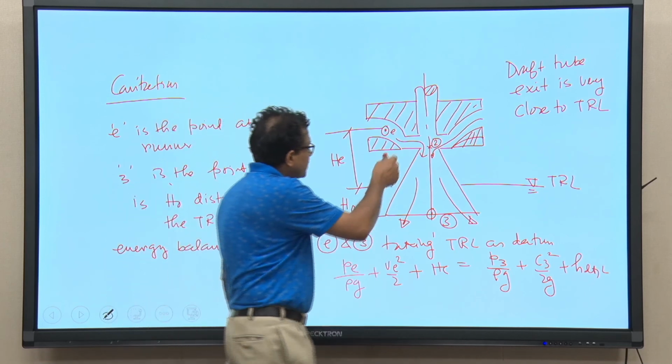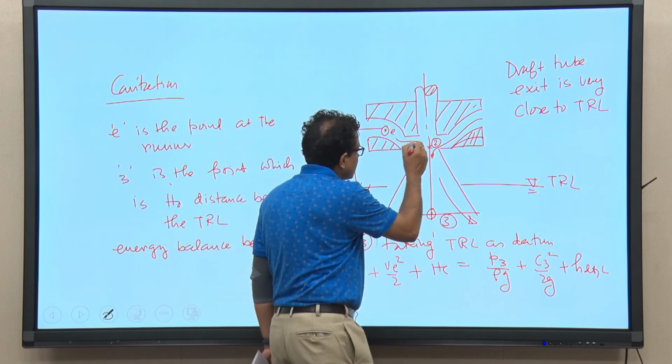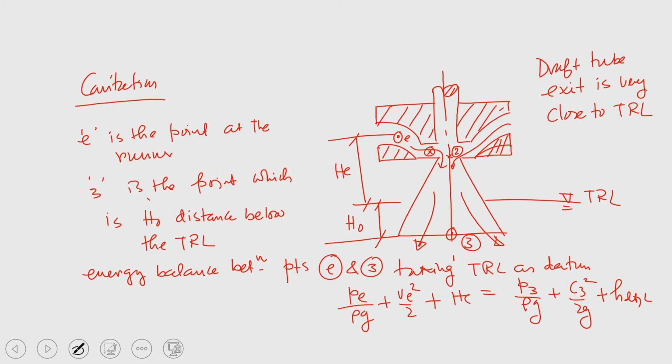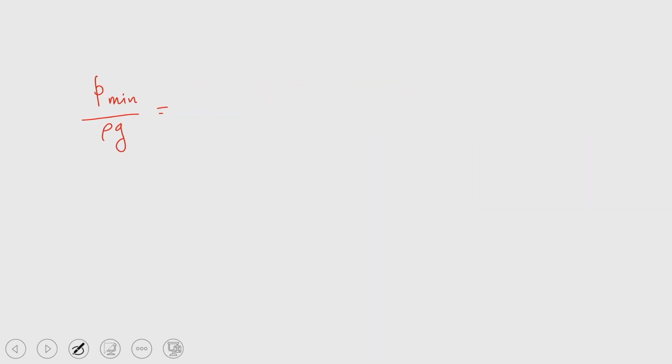If the point is somewhere here, then there will be a pressure drop further as the water moves from point T to this minimum point. So, if this is the point at which minimum pressure will occur, then pressure will drop further from P. So, this minimum pressure will be P by rho g and a function of the velocities.